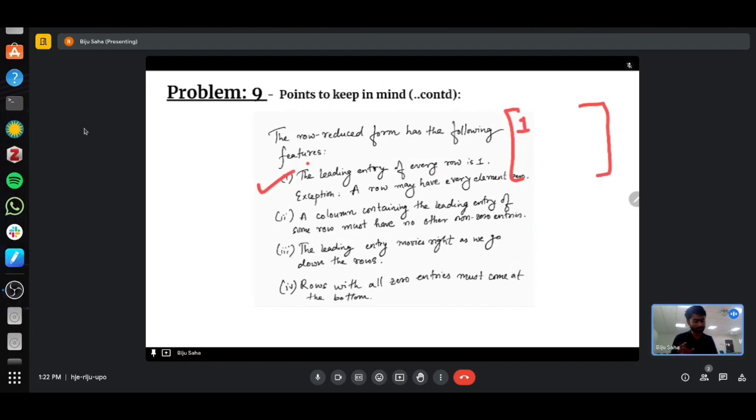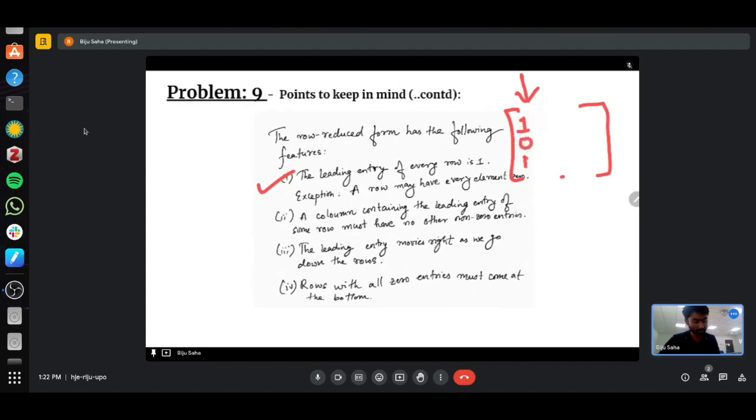The column which contains the leading entry of some row must have no other non-zero entry. This is the column which contains the leading entry for the first row, so the other elements in the same column have to be 0.